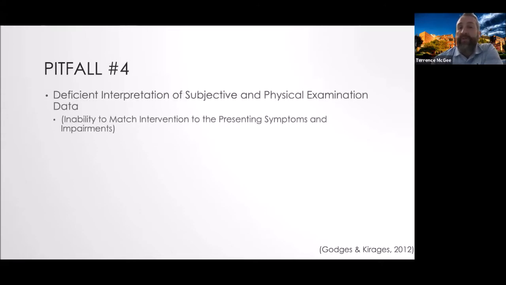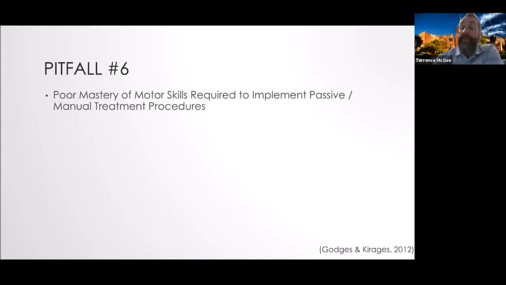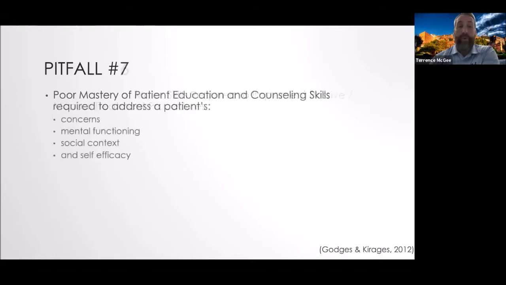Deficient interpretation of those subjective and physical exams. And that's where they have an inability to match the right intervention to the primary impairment. So they select the wrong physical impairments. They have poor mastery of motor skills. So even their passive treatments, their manual therapy skills, don't impart significant change, or even worse, irritate the patient, not them personally, but maybe their symptoms.